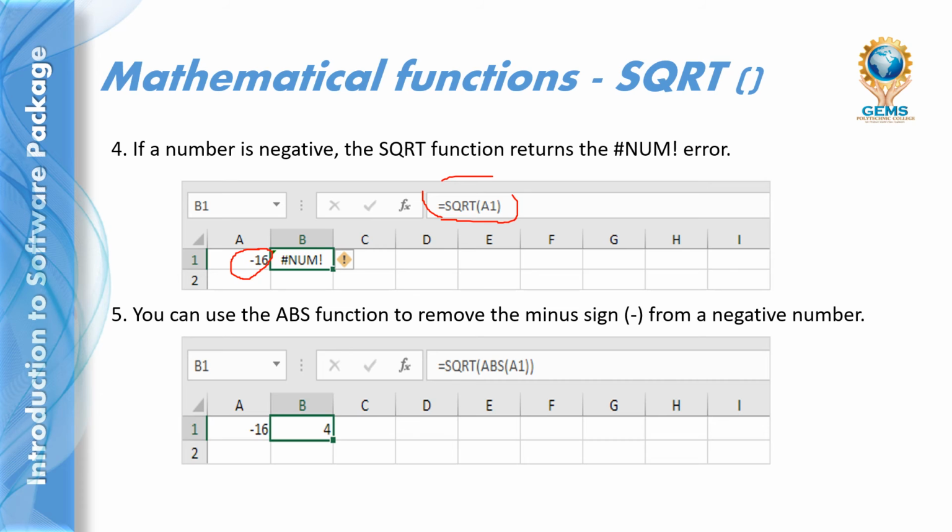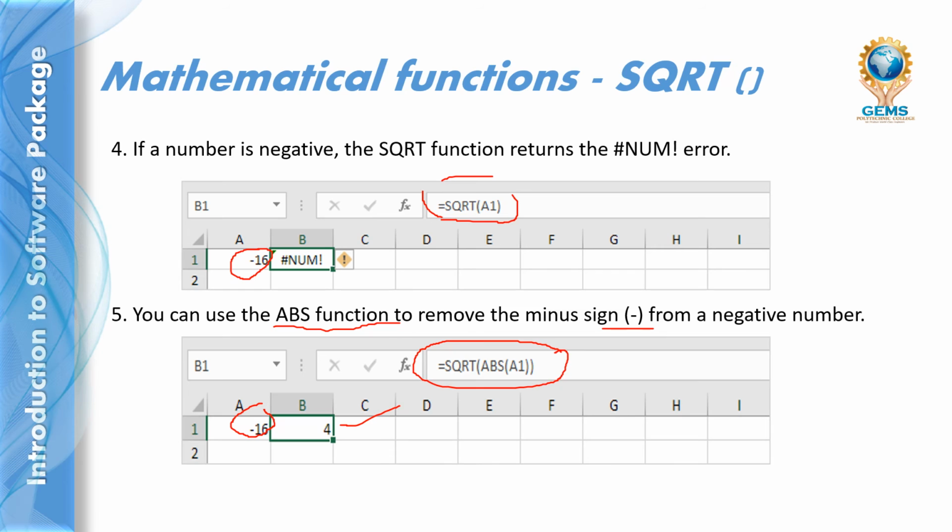You can also use the ABS function to remove the minus sign from the negative number. So how to use this function? Equal to SQRT of ABS of A1, and close the parenthesis. The A1 value is minus 16.